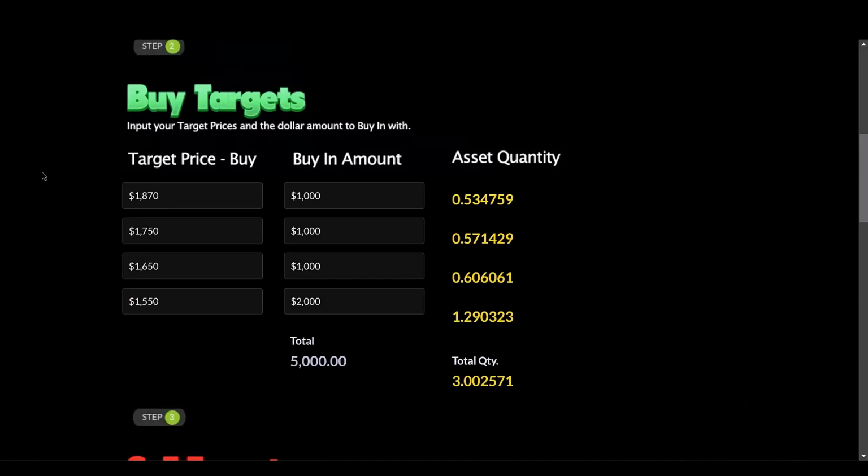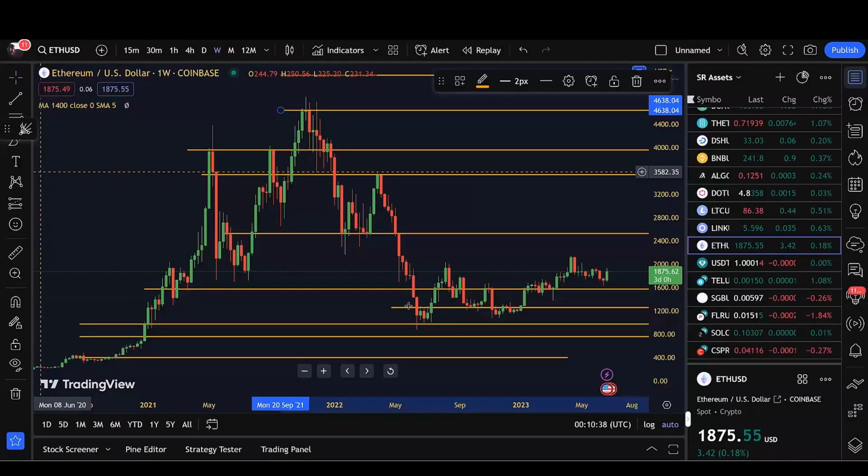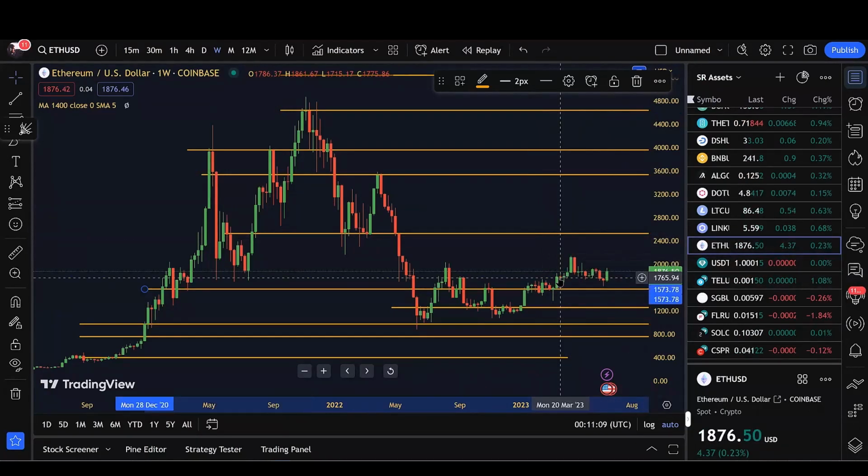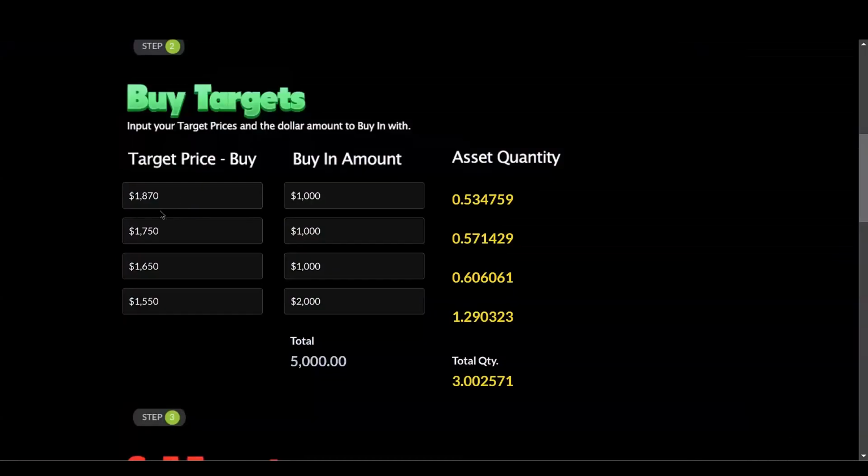But this will at least show you the value of being prepared with a plan, that when you buy early, you really maximize your profits. So let's look at some lower targets. Again, this is from where we are right now in the marketplace. Currently we're at 18.7 and our first buying amount will be 1,570.